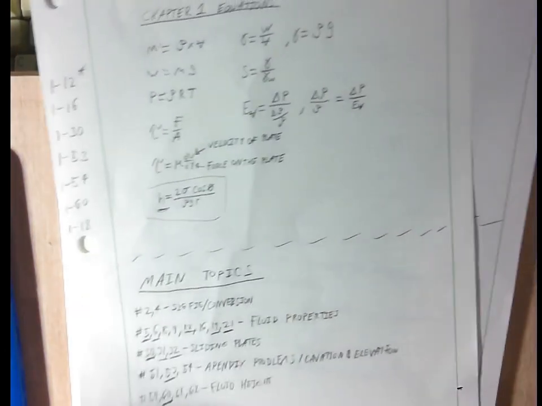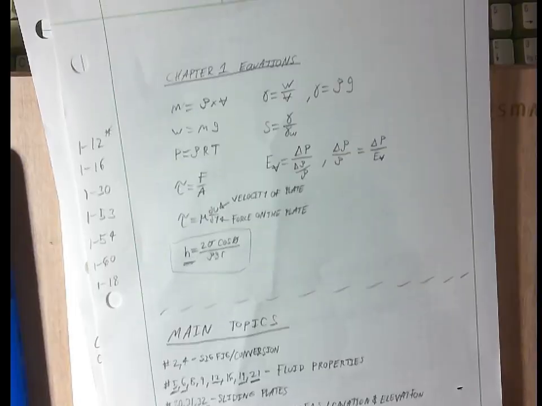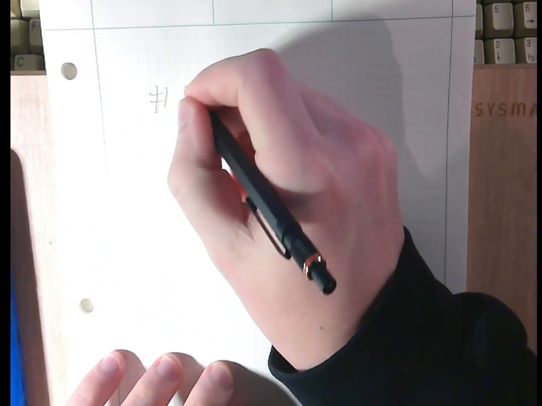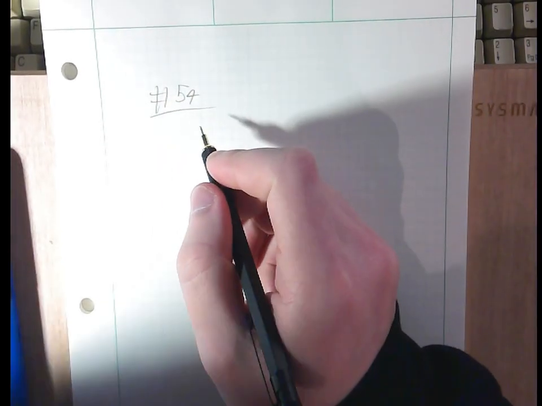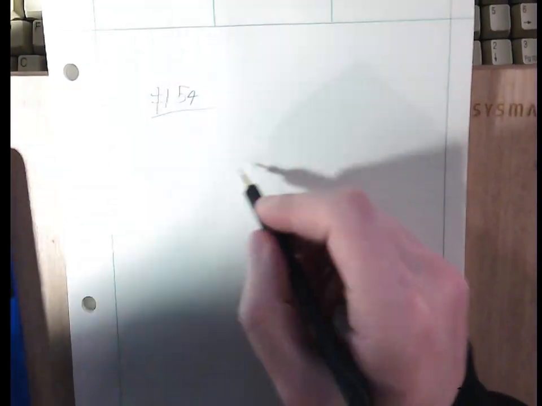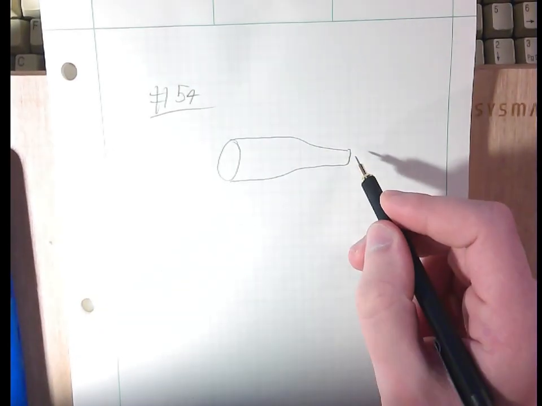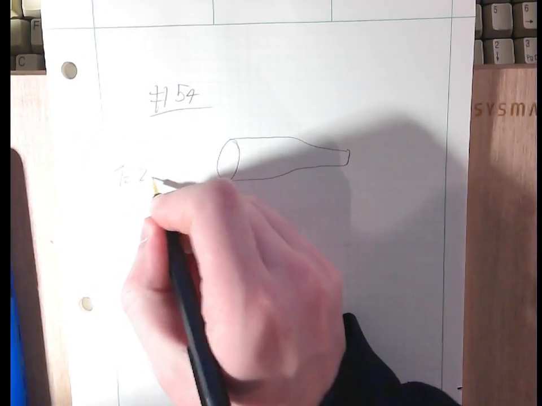And appendix problems. Let's do number 54. All right. I doubt we'll be getting an appendix problem, so number 54. Water flows through a pipe, kind of comes down a little bit like that. We're given that temperature equals 20°C.